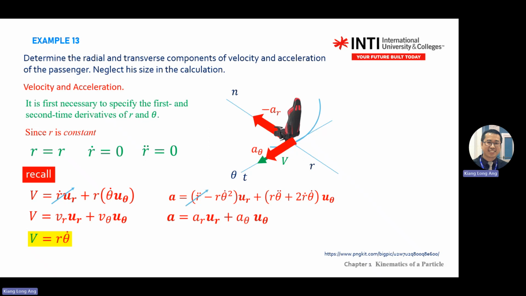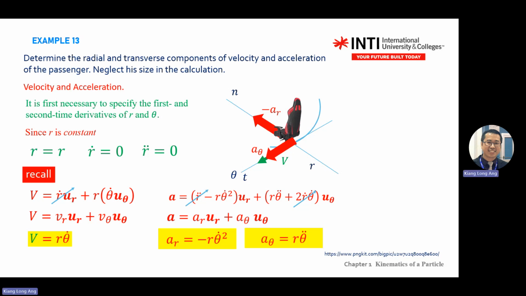You apply the same for A. You know that R double dot is 0. R dot is 0. So the first component is negative R theta dot square. And the second part is R theta double dot.